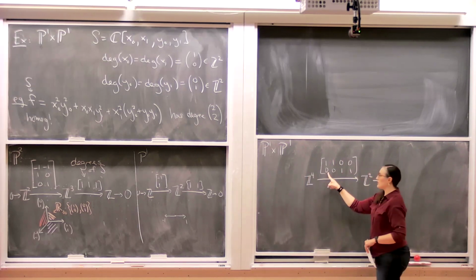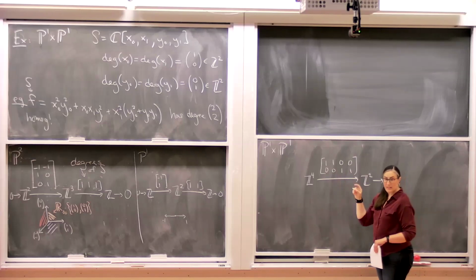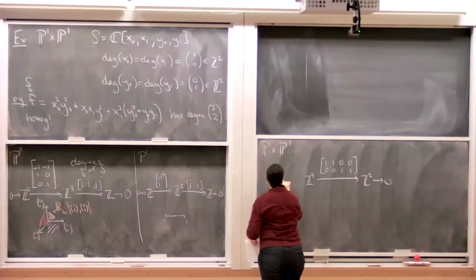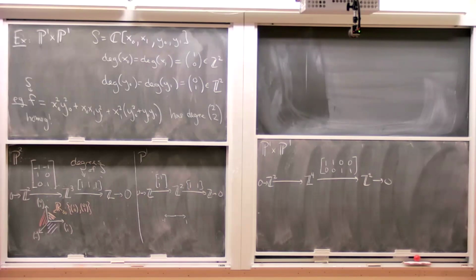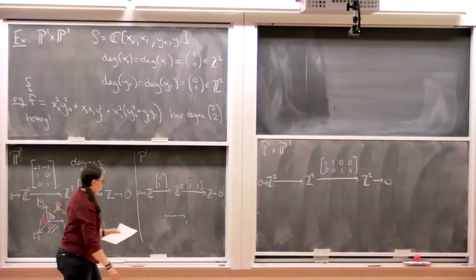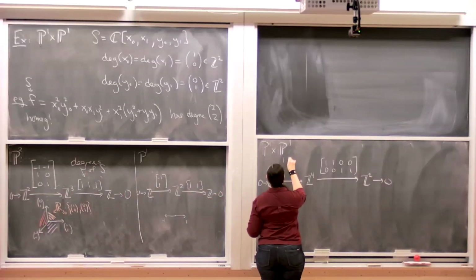And now I have the degrees of my 2 X's and the degrees of my 2 Y's. Okay, I'm going to get these in the right order.